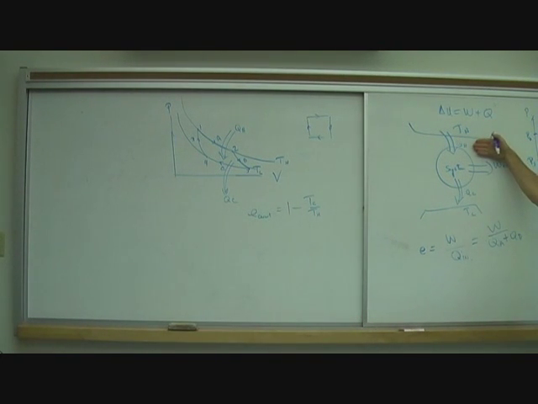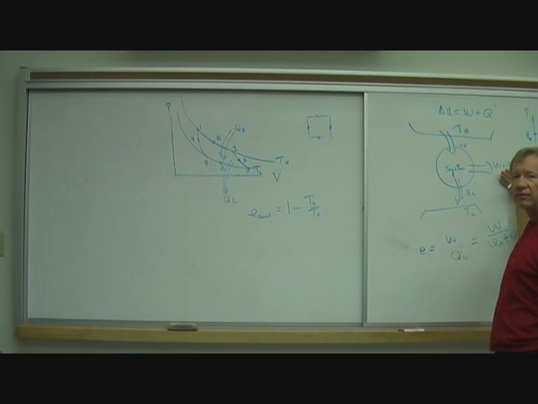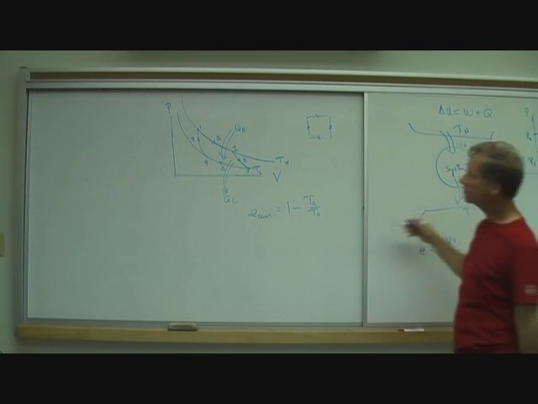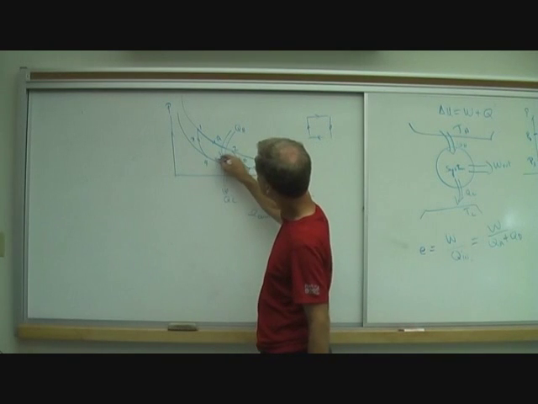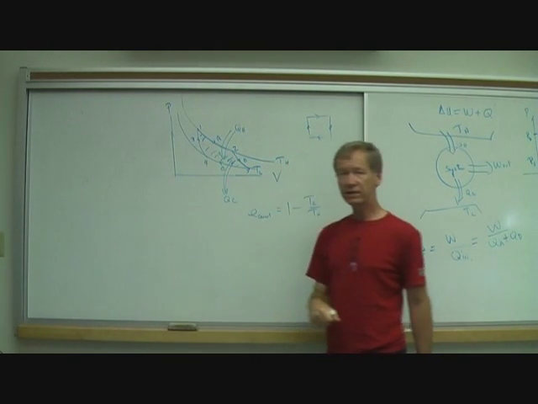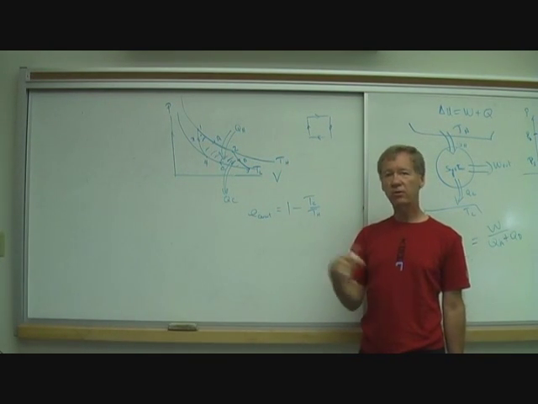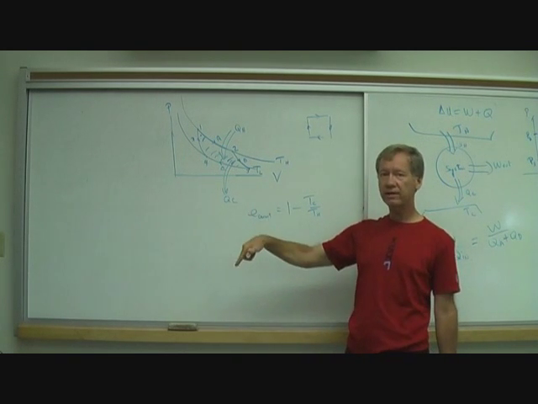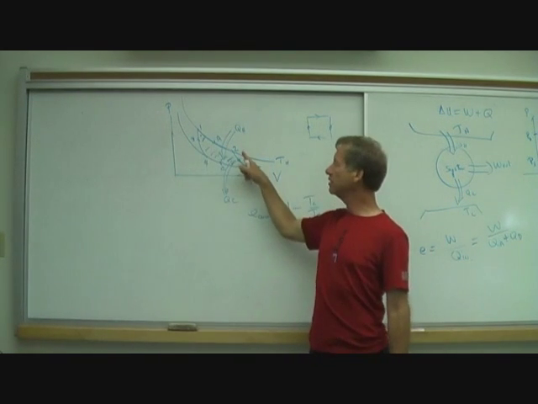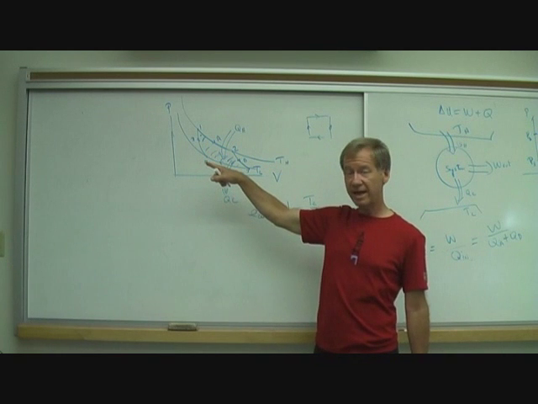Now we see, here's that heat going in, heat coming out, the hot temperature, the cold temperature, the work out, right? The work out then is going to be that area. Remember, the work out is the work positive minus the work negative.